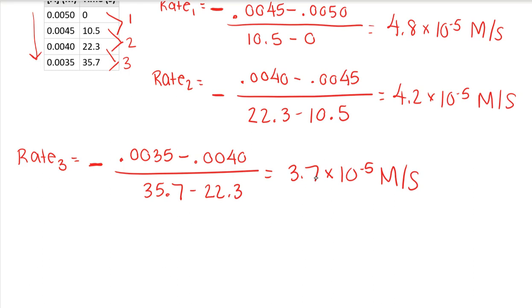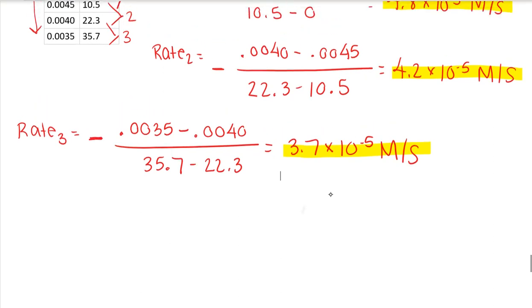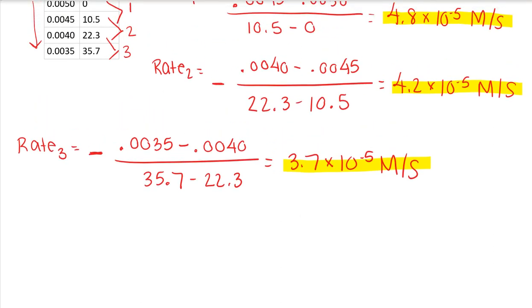All right, so what I want you guys to do is look at the rates for each of these intervals. The rate over the first interval was 4.8 times 10 to the negative fifth. For the second interval, 4.2 times 10 to the negative fifth. And for the third interval, 3.7 times 10 to the negative fifth. So what do we notice about the rate of reaction?